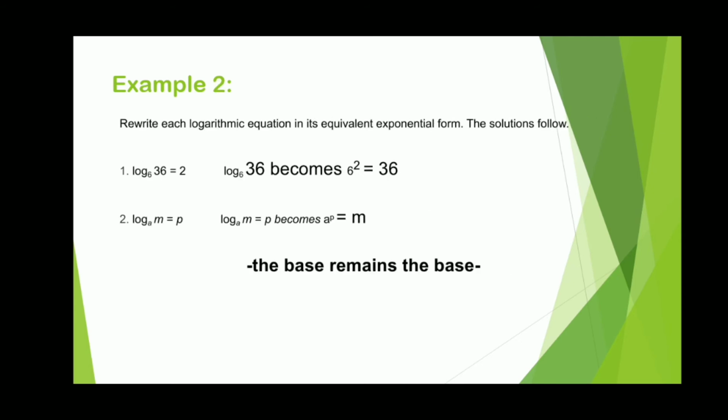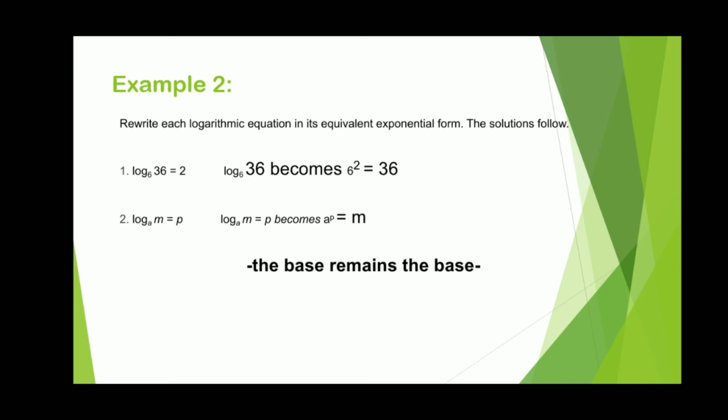Example number 2. Rewrite each logarithmic equation in its equivalent exponential form. The solutions follow. Example number 1: log base 6 of 36 equals 2. It becomes 6 with the exponent of 2 equals 36. We multiply it 2 times, so 6 times 6 equals 36.